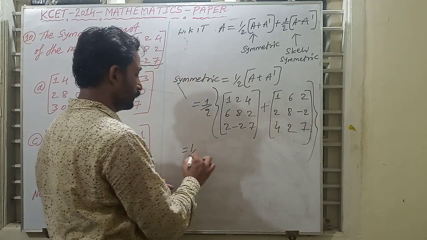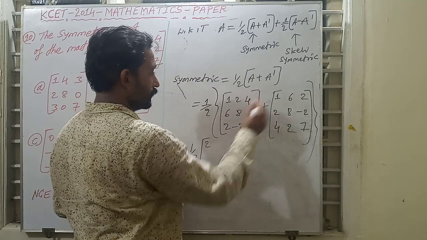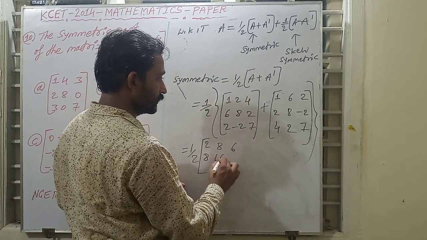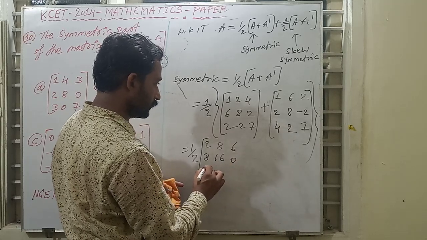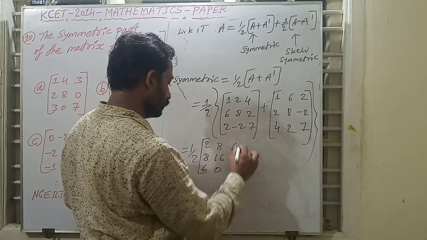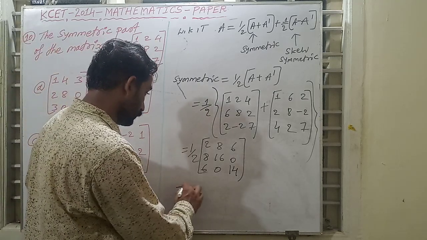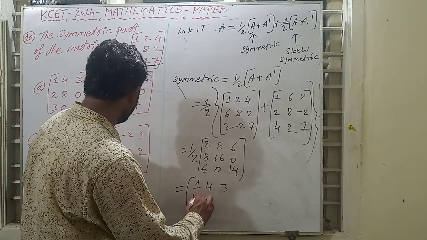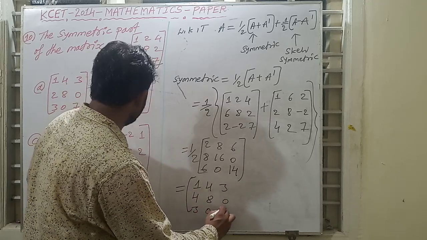So half of: 1 plus 1 is 2, 2 plus 6 is 8, 4 plus 2 is 6, 6 plus 2 is 8, 8 plus 8 is 16, 2 minus 2 is 0, 2 plus 4 is 6, minus 2 plus 2 is 0, 7 plus 7 is 14. All the elements in this matrix divided by 2, we get the answer 1 4 3, 4 8 0, 3 0 7.